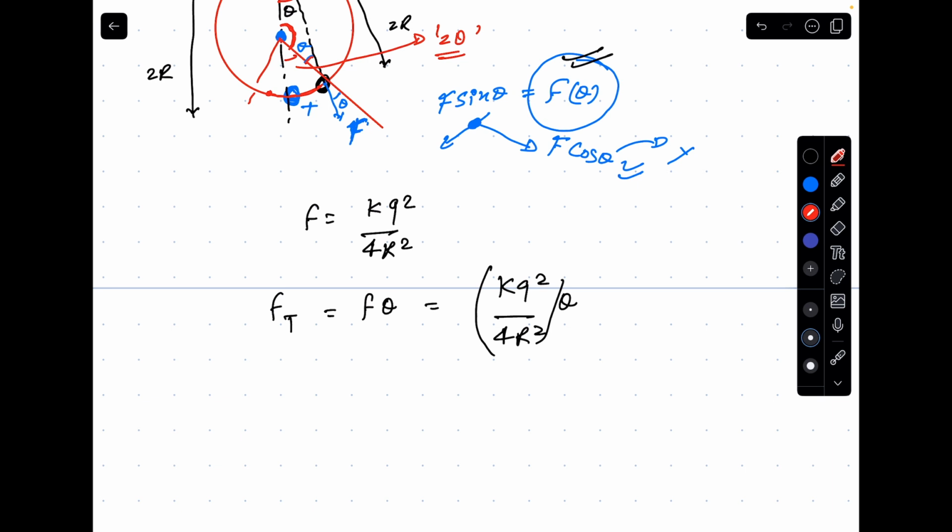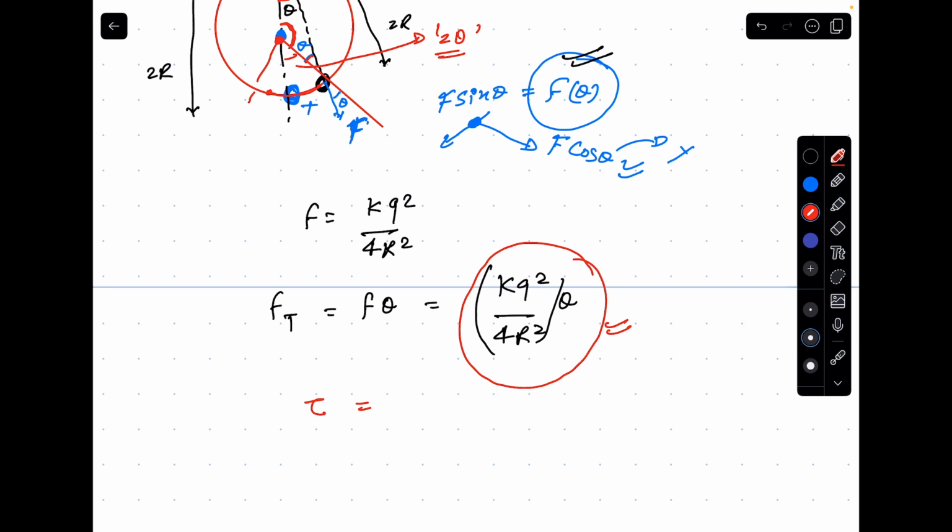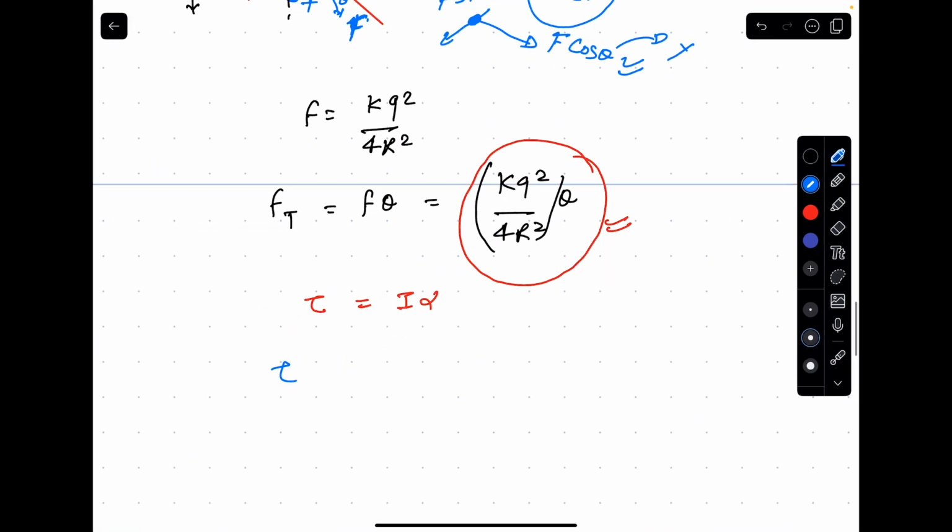Next, we can calculate the torque due to this force about this point and use tau equals I alpha. The torque will be the force multiplied by the perpendicular radius r. So the torque will be simply kq squared divided by 4r squared multiplied by theta multiplied by r. That becomes kq squared divided by 4r multiplied by theta.